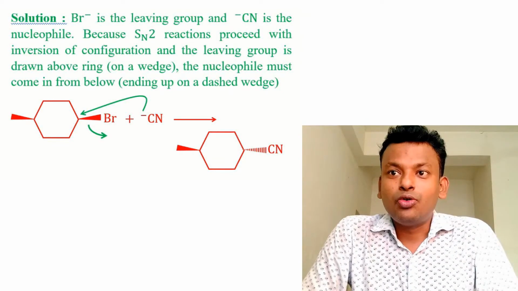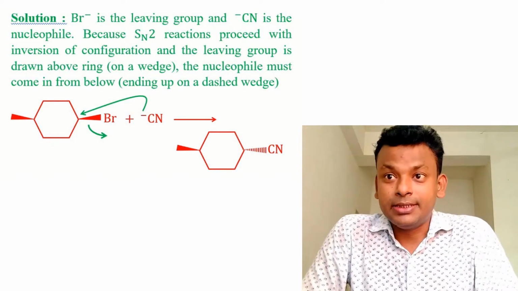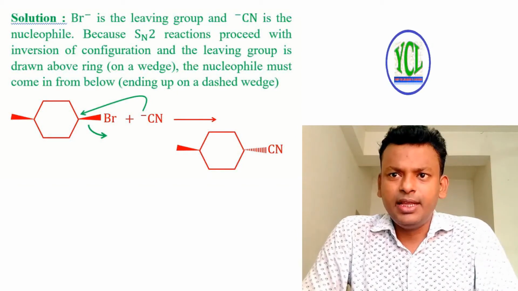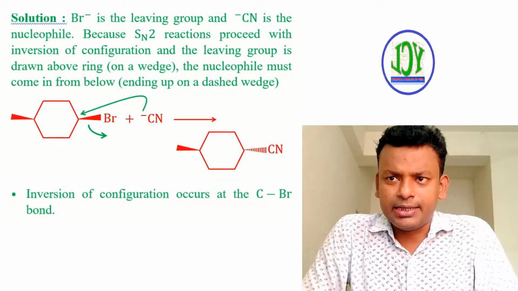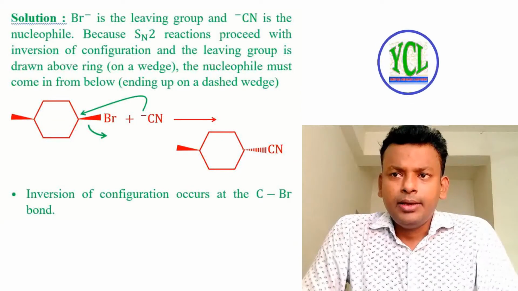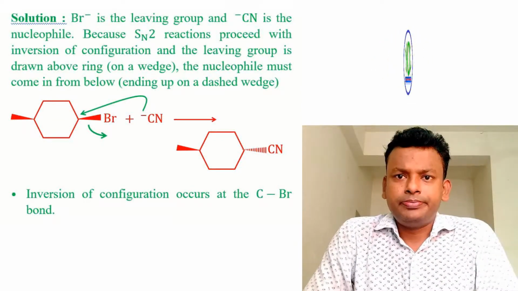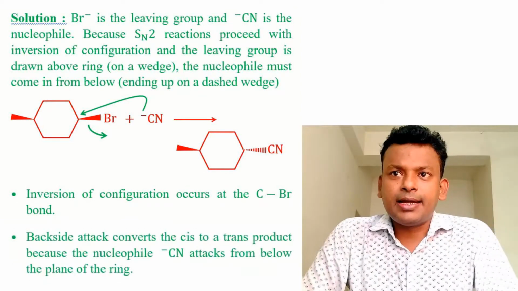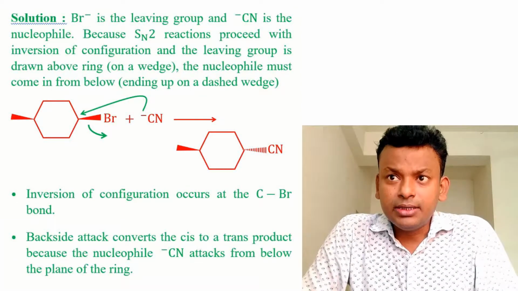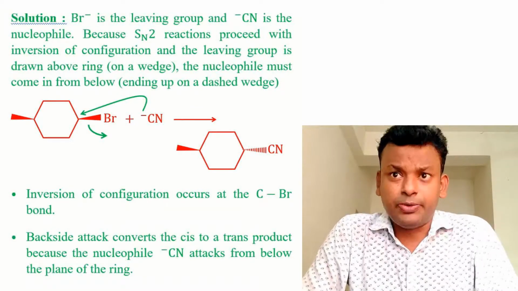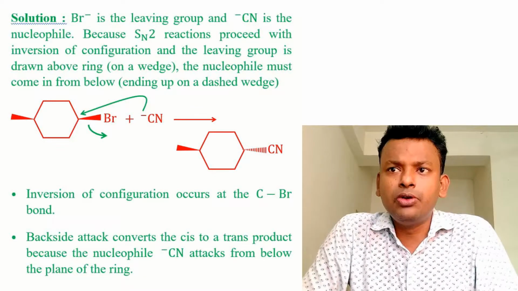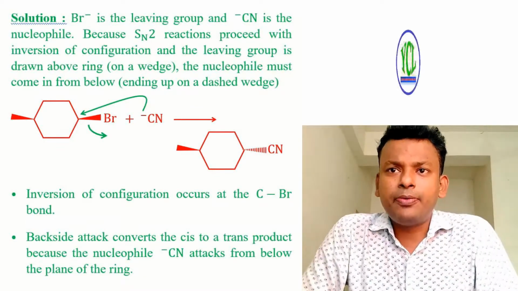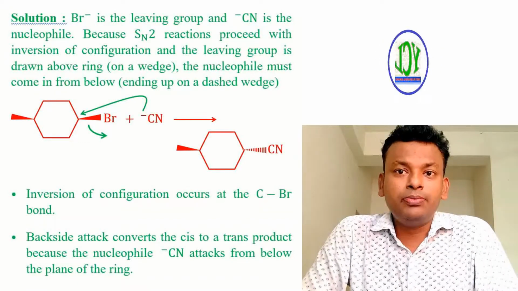So the product has inversion of configuration at the C-Br bond. Backside attack converts the cis to the trans product, because the nucleophile CN negative attacks from below the plane of the ring.